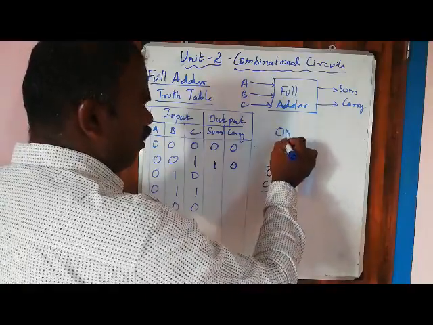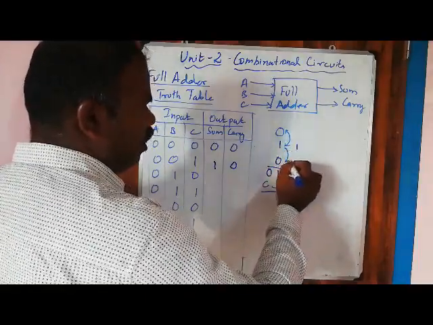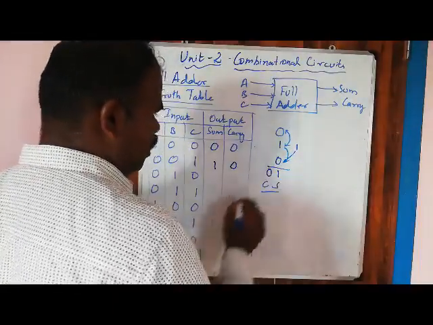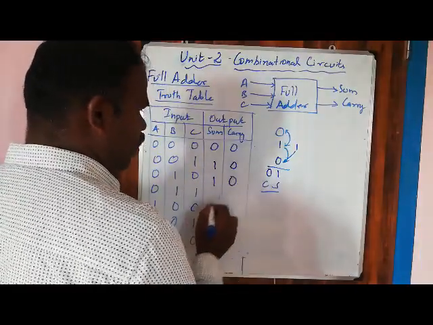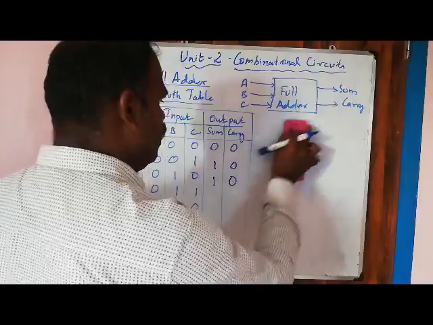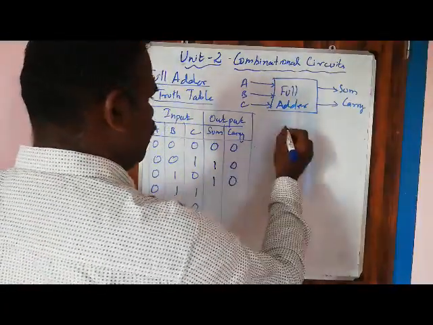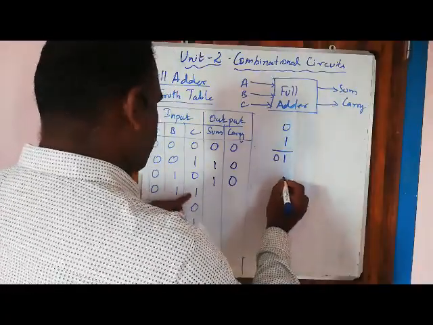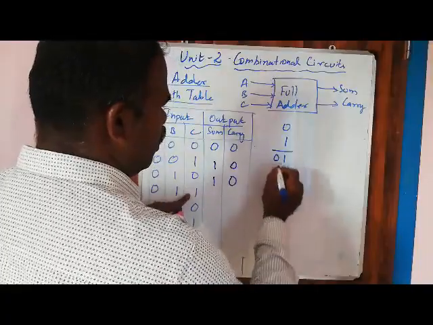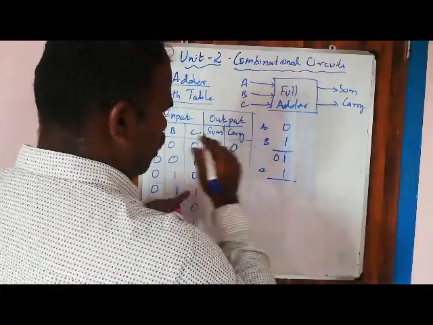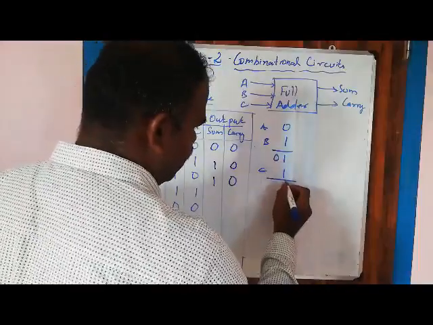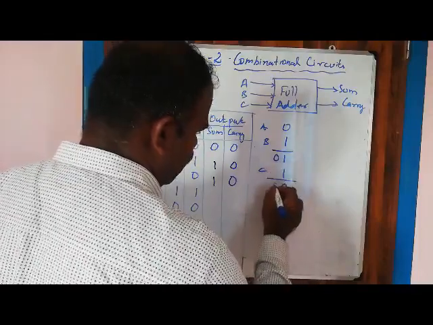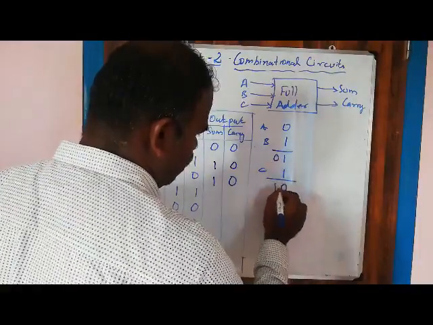If you add 0 and 1, sum is 1, and adding this 1 and 0 we get 1. So sum is 1, carry is 0. Similarly, next input is 0, 1, 1. If you add 0 and 1, sum is 1, carry is 0, and then we have to add this one. Okay, this is A, B, C. So if I add this one, sum is 0 and carry is 1.